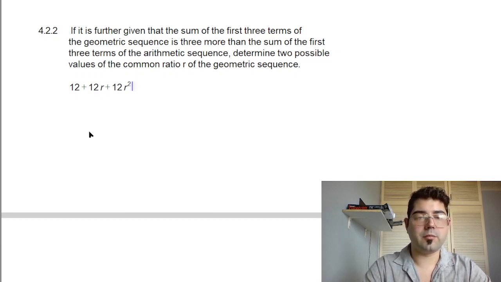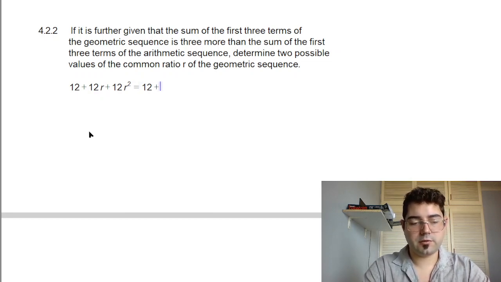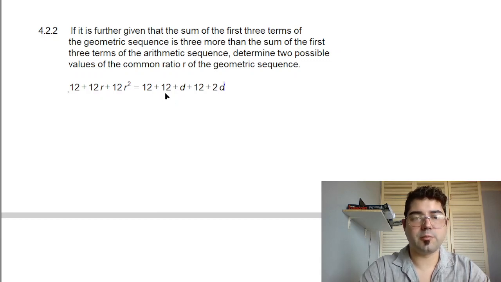So the arithmetic series is 12, 12 plus d, and 12 plus 2d. You can just string them out like that, but remember that that's your second term, that's your third term. And they said that if we added 3 to the arithmetic series, it would give us the same value as the geometric series. So this is the equation that we've got there.